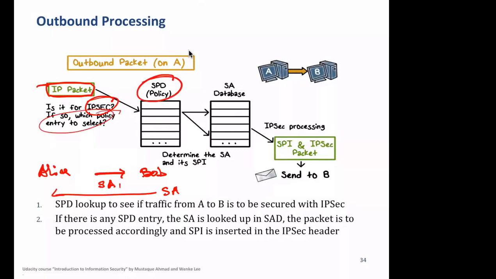Now this is done in the security policy database, and from that it can find out, if it's going for Bob, what is the SPI, the security parameter index, and this index will give you all about the security association: what kind of encryption, etc. Then a new packet is created, and in that, information is kept, including the SPIs, such that Bob's machine can process the packet. Okay, any question?